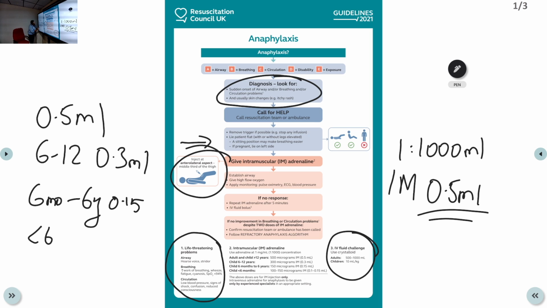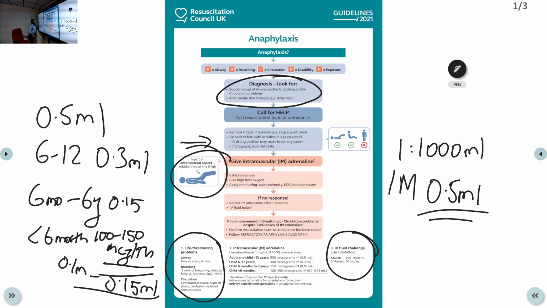Less than 6 months, you can give 100 to 150 microgram IM, or you can just remember 0.1 ml to 0.15 ml. Okay, so these are the things that you need to remember.